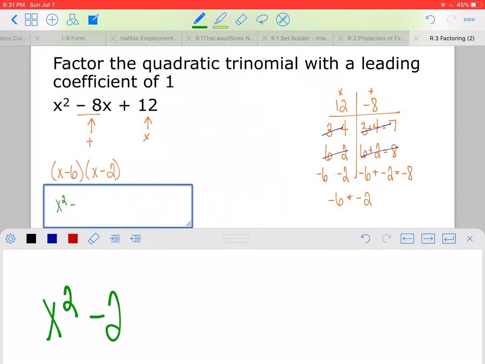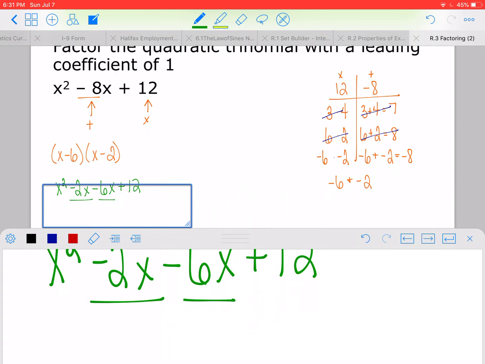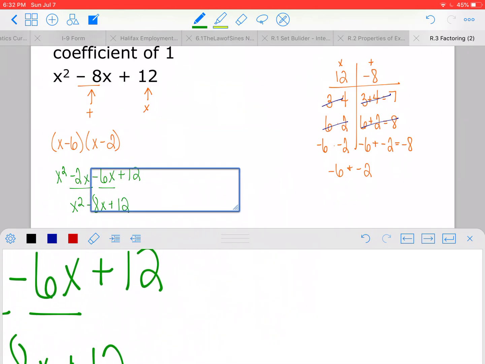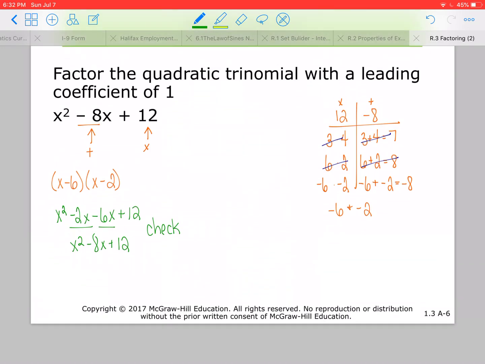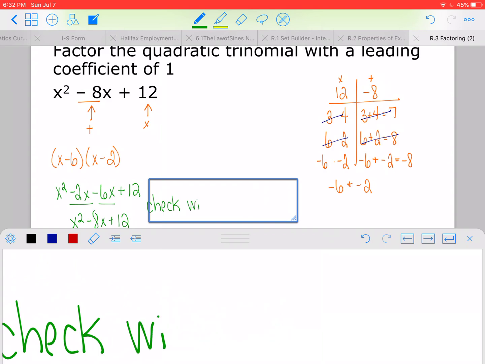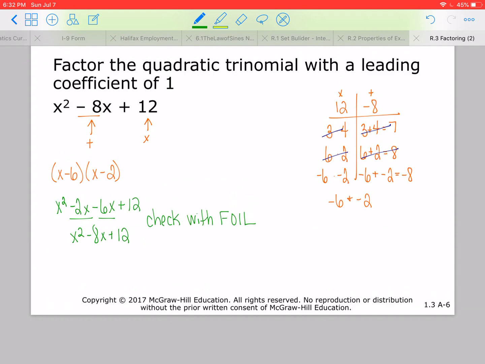Inner, we get negative 6x. Last, we have negative 6 times negative 2, that's positive 12. Combine our like terms, and we have x squared minus 8x plus 12. So you can always check your work by FOILing to make sure you've factored correctly.